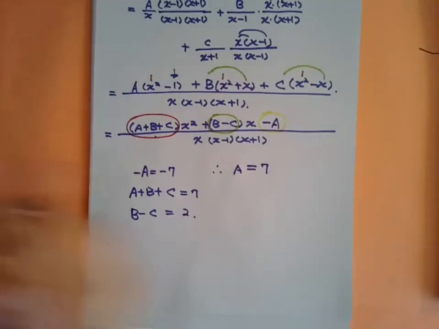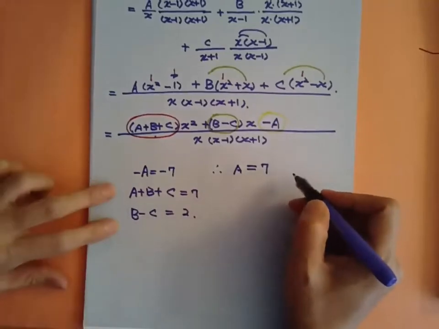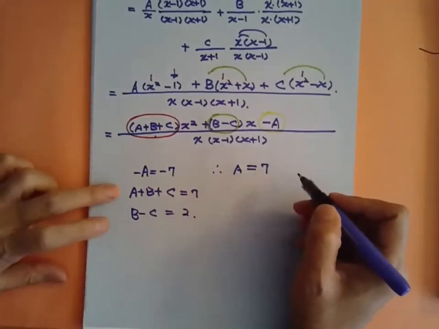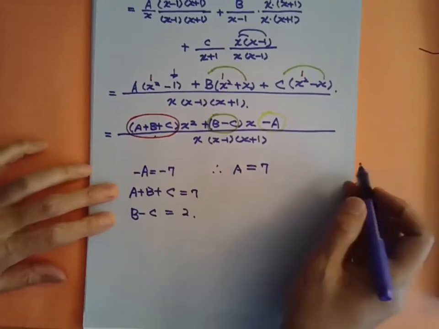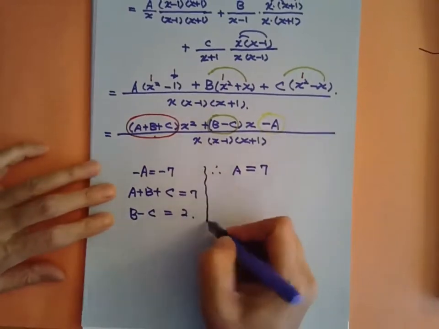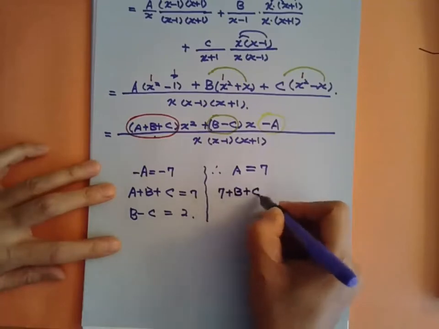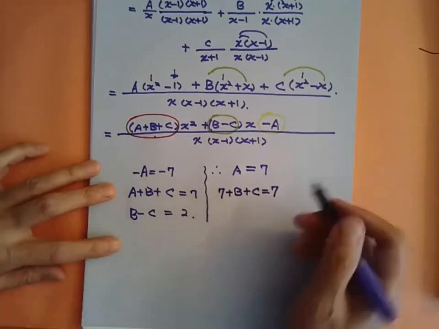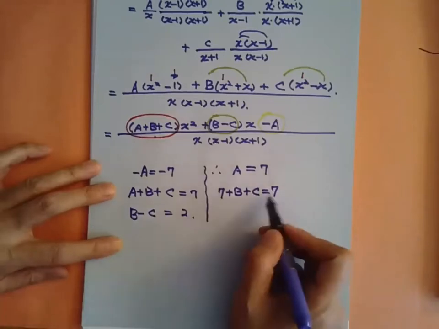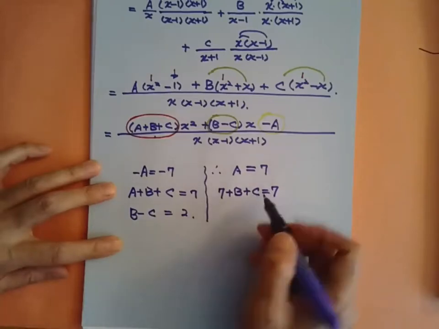And then we will apply this result to the second one and third one. Then we get 7 plus b plus c equals 7. So what does that mean? We just subtract 7 on both sides.